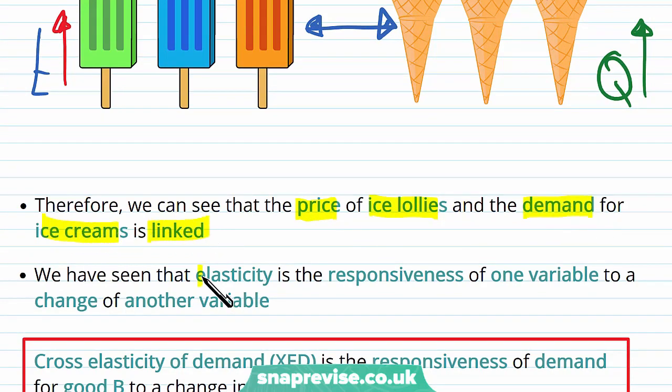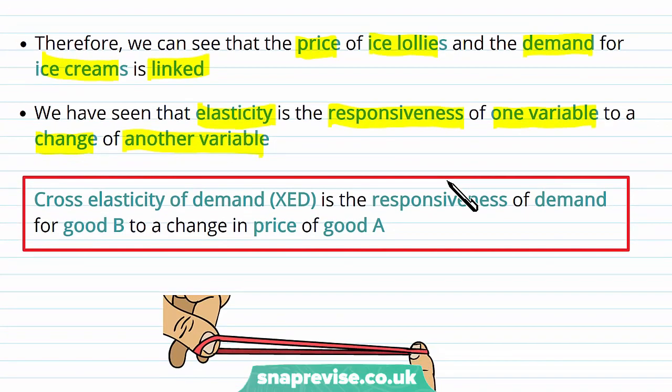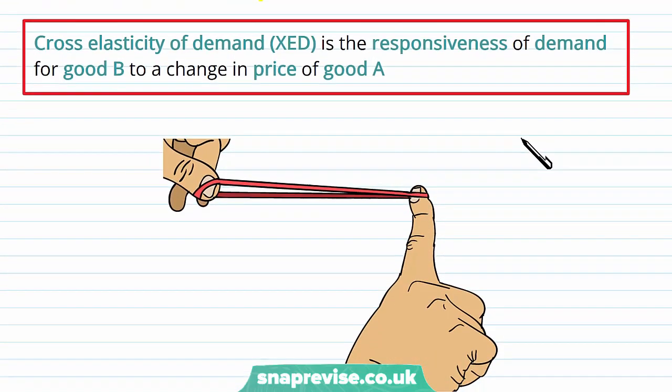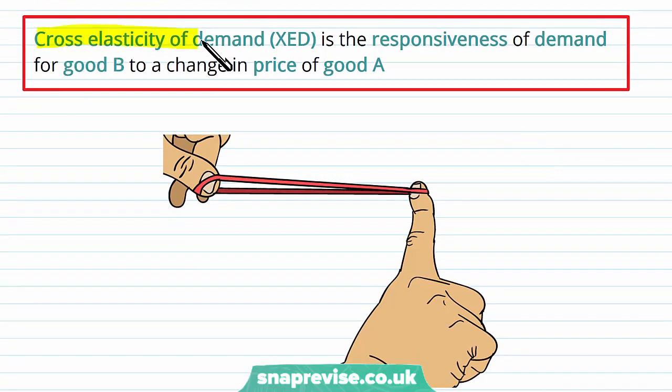And we have already seen that elasticity is the responsiveness of one variable to a change of another variable. So what are our variables in this case when we're talking about two different goods? This is where we talk about cross-elasticity of demand, otherwise known as XED.